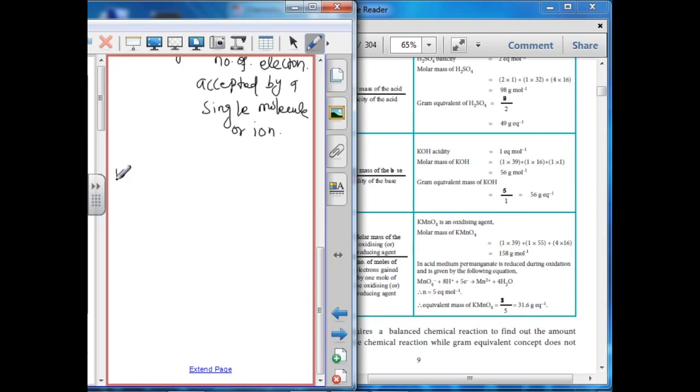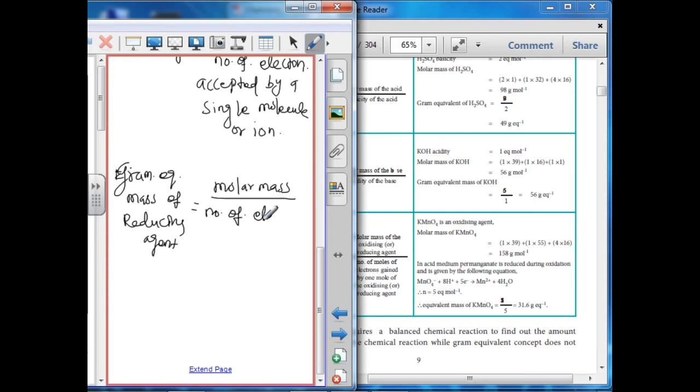Next, the gram equivalent mass of a reducing agent equal to molar mass divided by the number of electrons lost by a single molecule or ion.